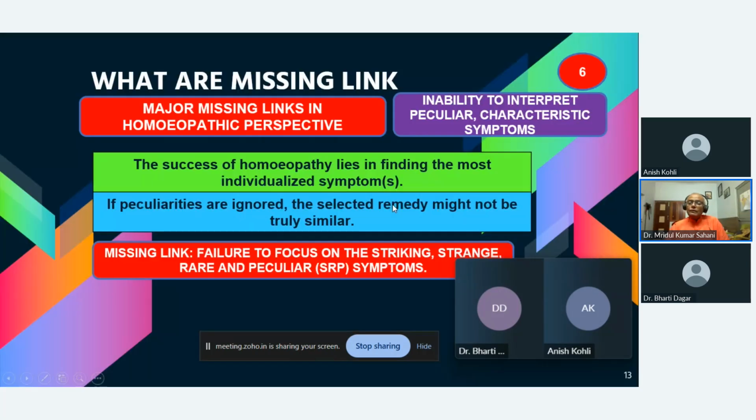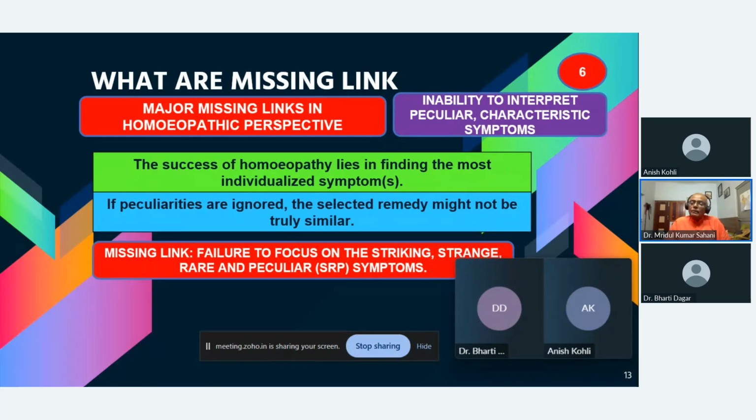Then, inability to interpret peculiar characteristic symptoms. This is a very important aspect. What is the meaning of peculiarity? It is not what is presented in your repertory. It is how it is different from other persons, and how it is different within a person. Suppose this patient has a great liking for sweets. How is it different from other people?